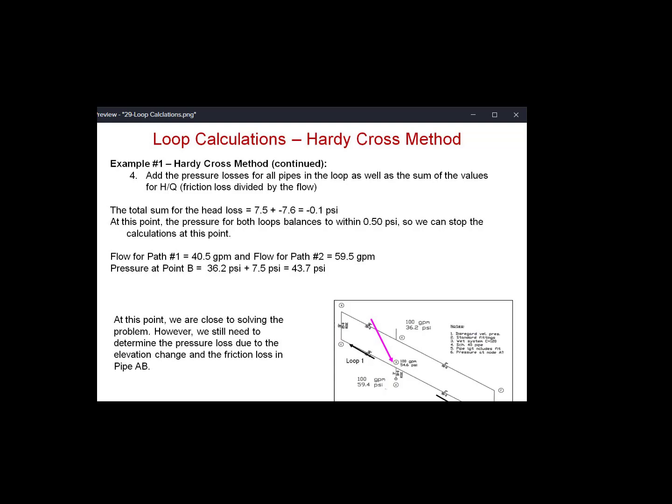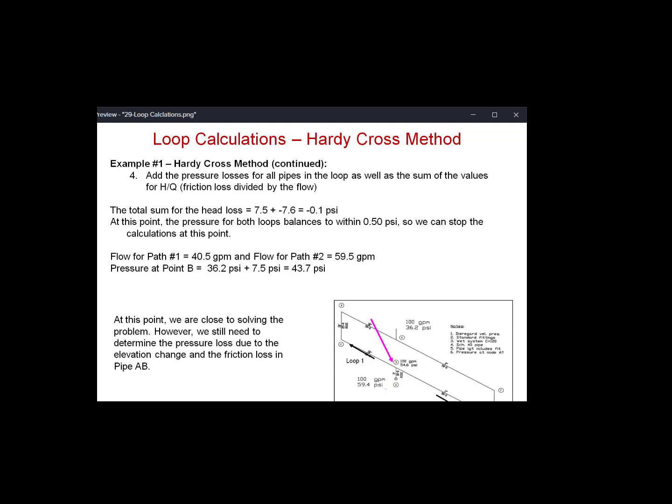At this point, the pressure for both loops balances to within 0.5 psi, so we can stop the calculations. So recap, flow for path 1 is equal to 40.5 gallons per minute, and flow for path 2 is equal to 59.5 GPM. This will give us a total of 100 gallons per minute.